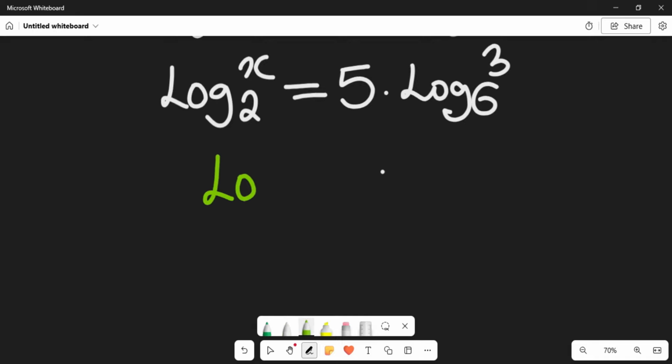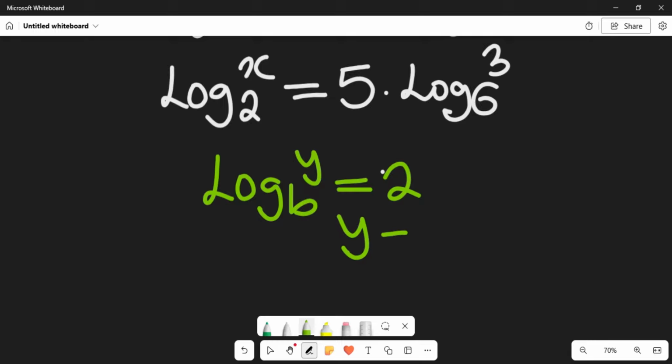So recalling another basic principle in logarithm, what is that basic principle? Remember the second one we told you: if you have log of y base b equal to 2, then your y will be equal to b to the power of 2.